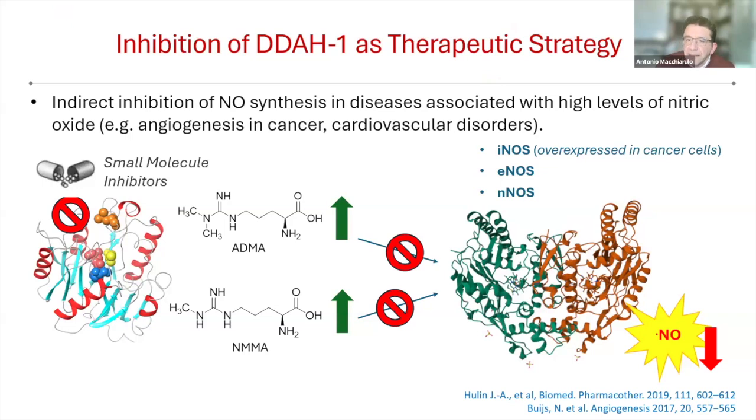This means that if we block the catalytic activity of DDAH1, we also increase the level of circulating ADMA and NMMA and achieve the inhibition of all the NOS isoforms.